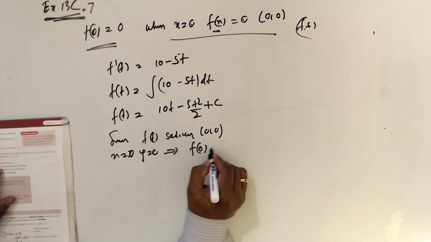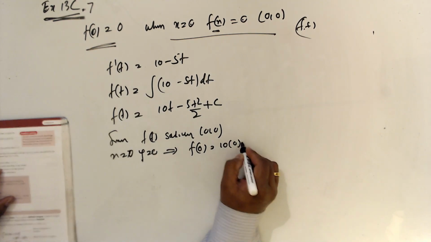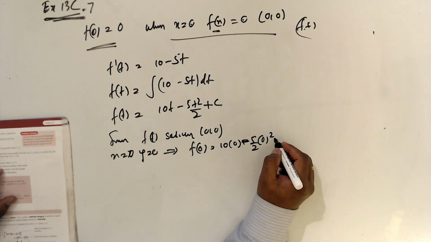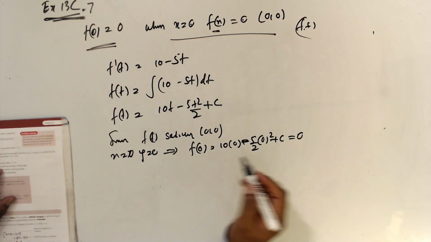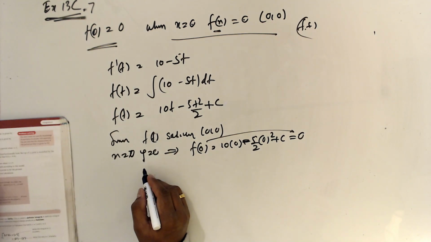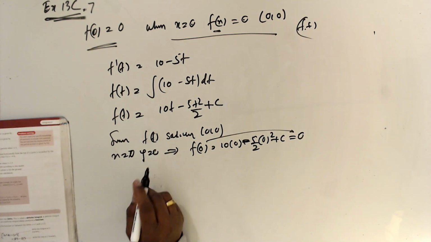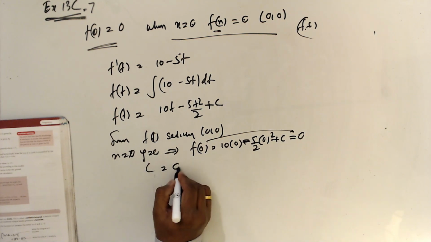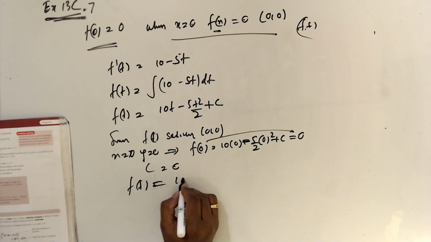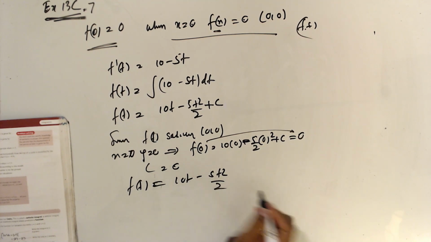So 0 equals 10 times 0 minus 5 over 2 times 0 square plus c, equals 0. f(0) is 0. Now c value is 0. So f(t) equals 10t minus 5t square over 2.